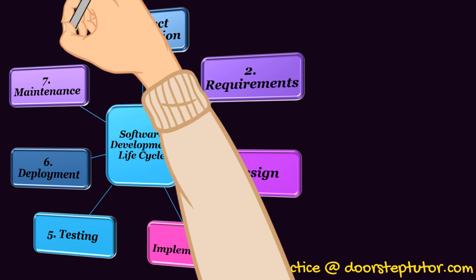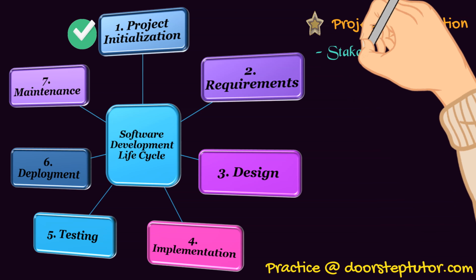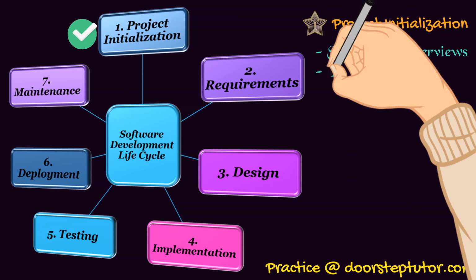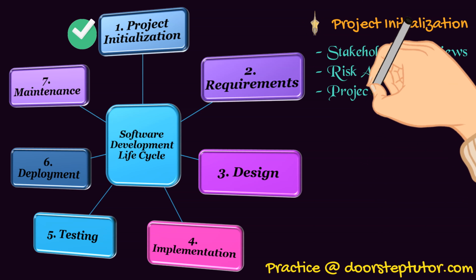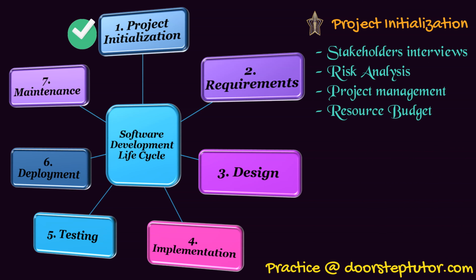First, we will have project initialization. Project initialization means that first of all we must know what product we are going to build. So we have proper interaction with the customer. We will conduct some interviews or interaction. There must not be any kind of communication gap, because if we are not getting the customer's response, then we will not be able to prepare a good product according to the customer's need.